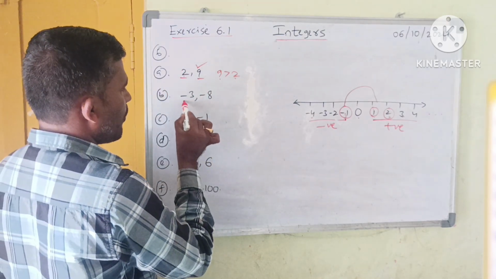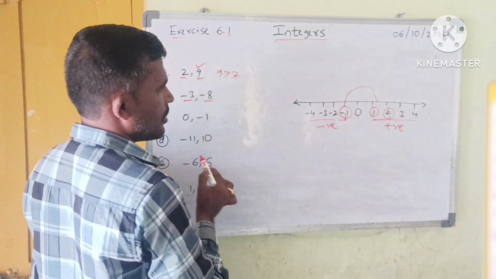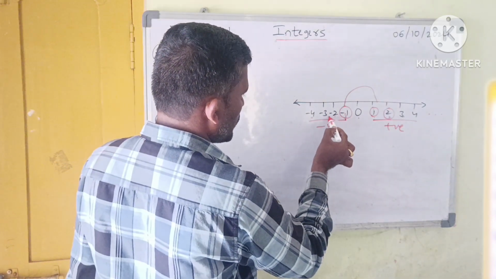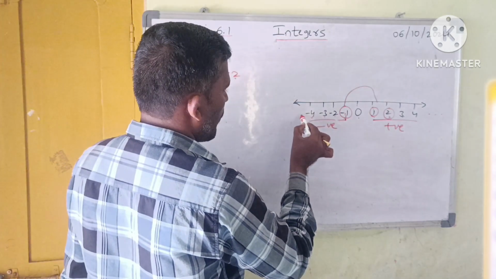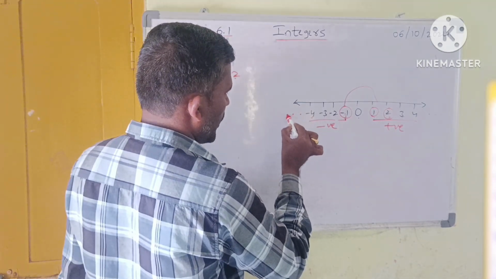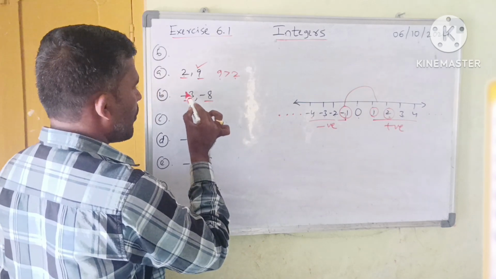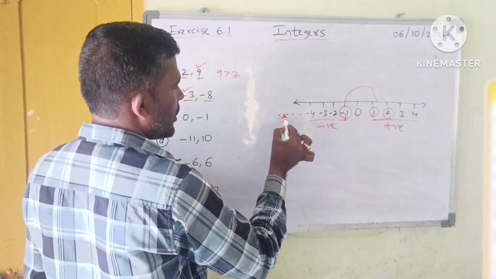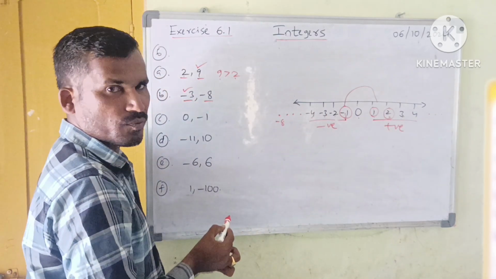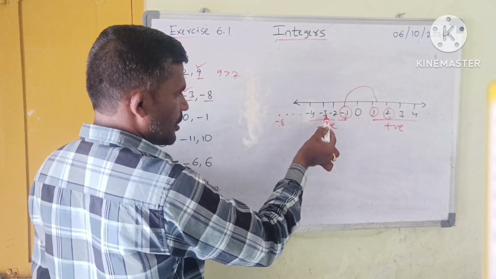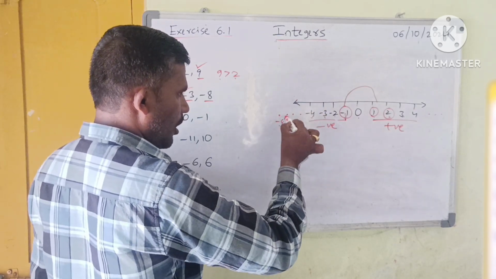And next -3, -8. See, -1, -2, -3, -4, -5, -6, -7, -8. So in this, -3 is right side to the -8.